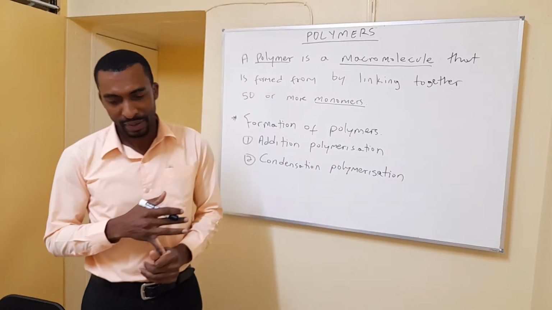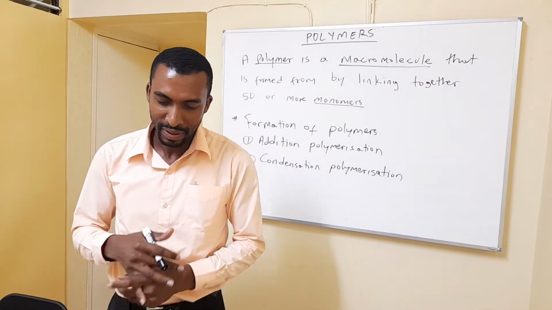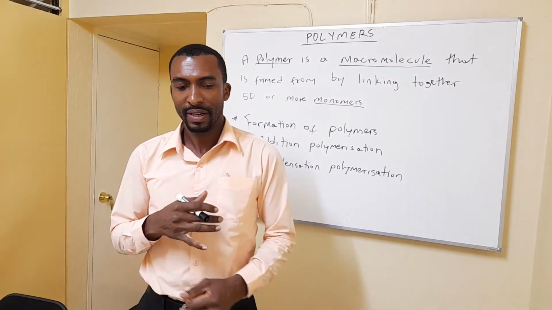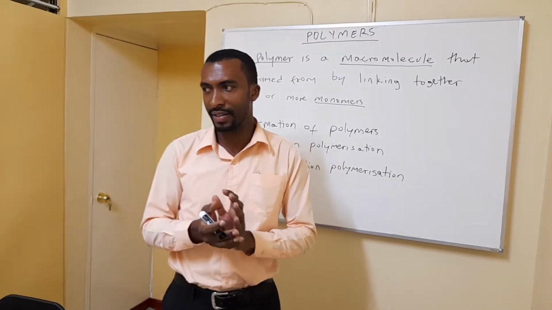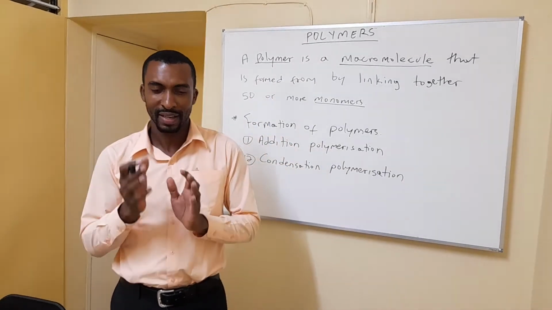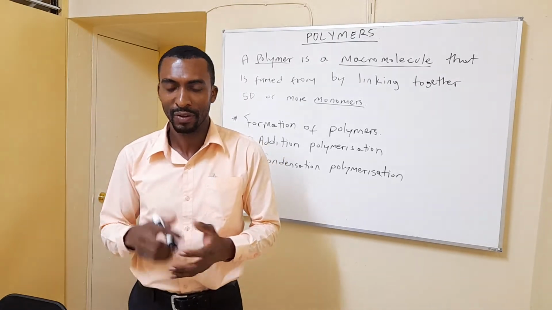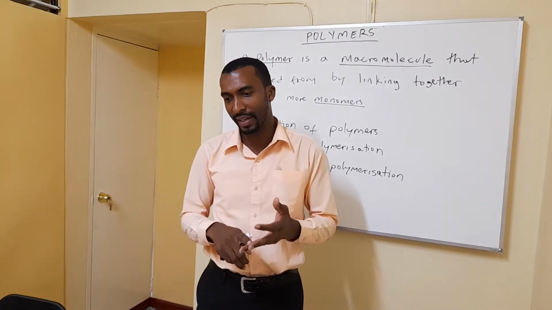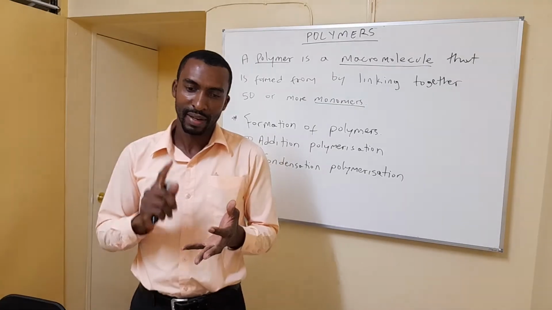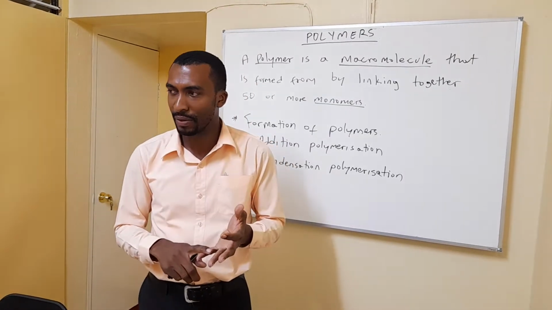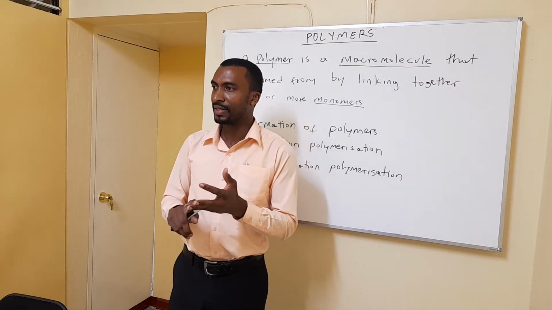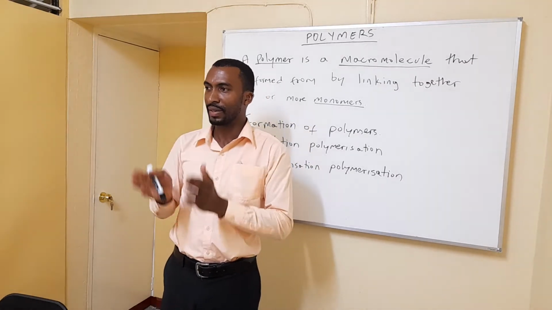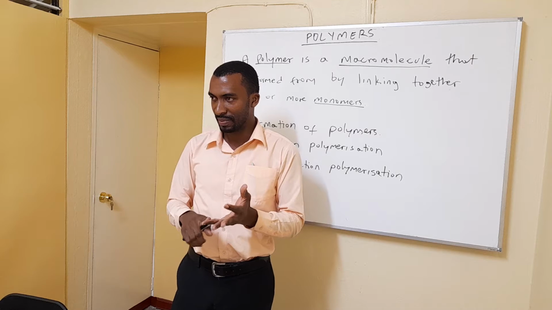Except that I'm seeing in the book here that addition polymerization is normally formed from unsaturated organic compounds. If you remember when we were doing alkenes and alkanes, we said that alkenes will undergo addition reactions because they're unsaturated, so we can always add a small molecule across that double bond for it to become saturated.